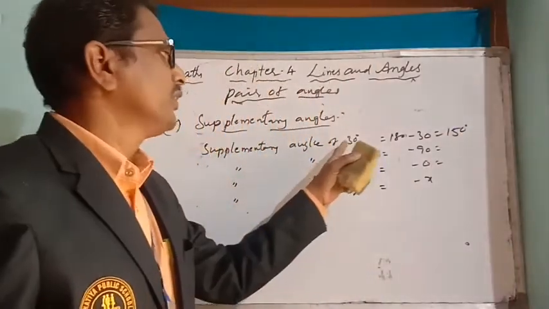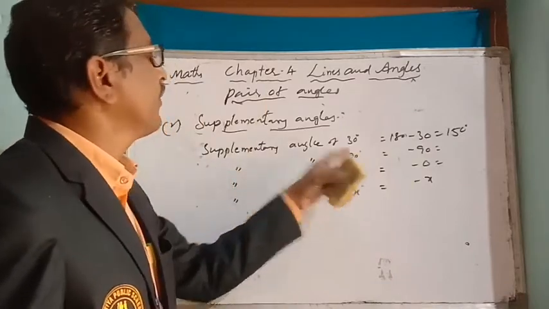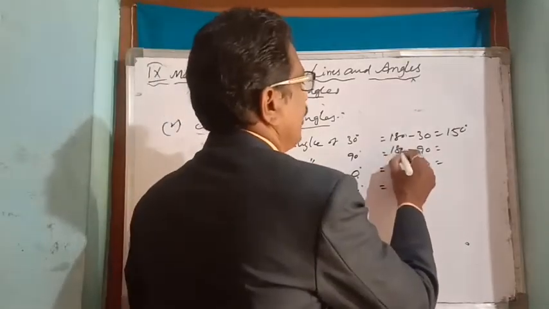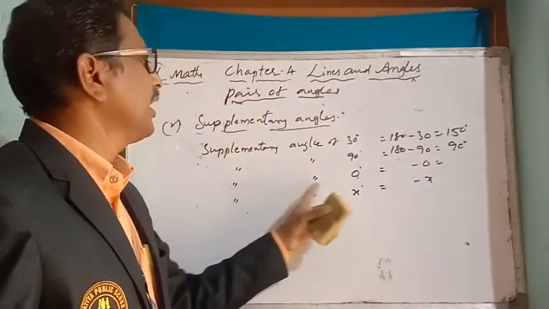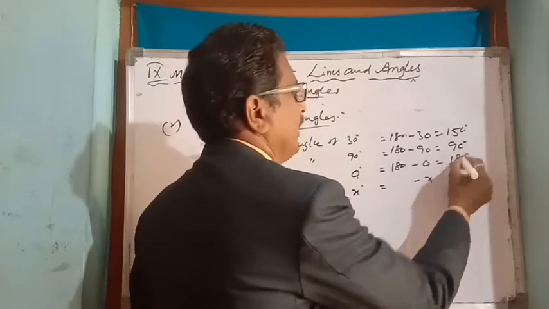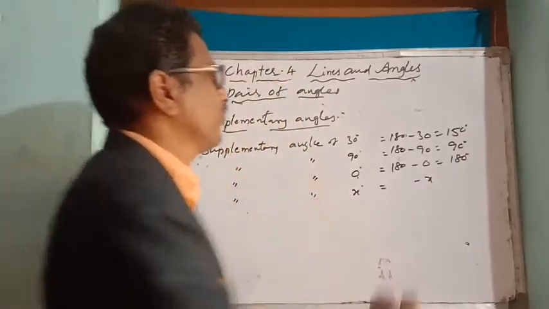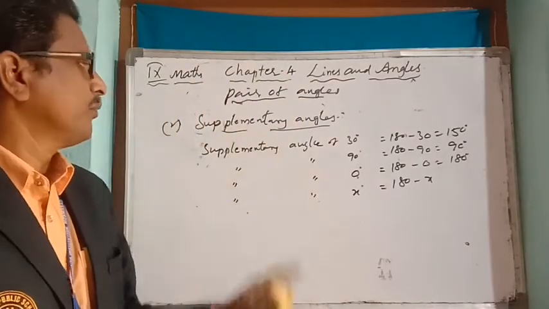The supplementary angle of 90 degrees is 180 minus 90, which equals 90 degrees. The supplementary angle of 0 degrees is 180 minus 0, which equals 180 degrees. And the supplementary angle of x degrees is 180 minus x degrees. This is about supplementary angles.